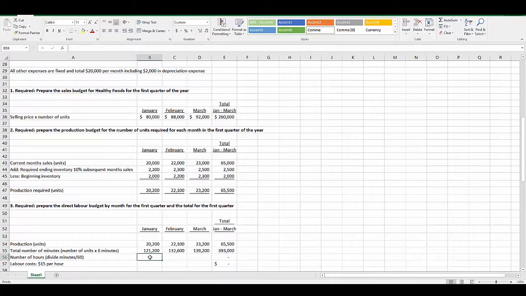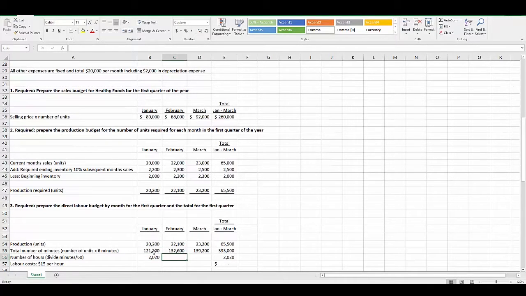And now, of course, we want to get this expressed as an hourly rate because we're given our labor cost as being $15 per hour. So we need to divide by 60 to come up with the number of hours. So it's going to be equal to the 121,200 divided by 60.